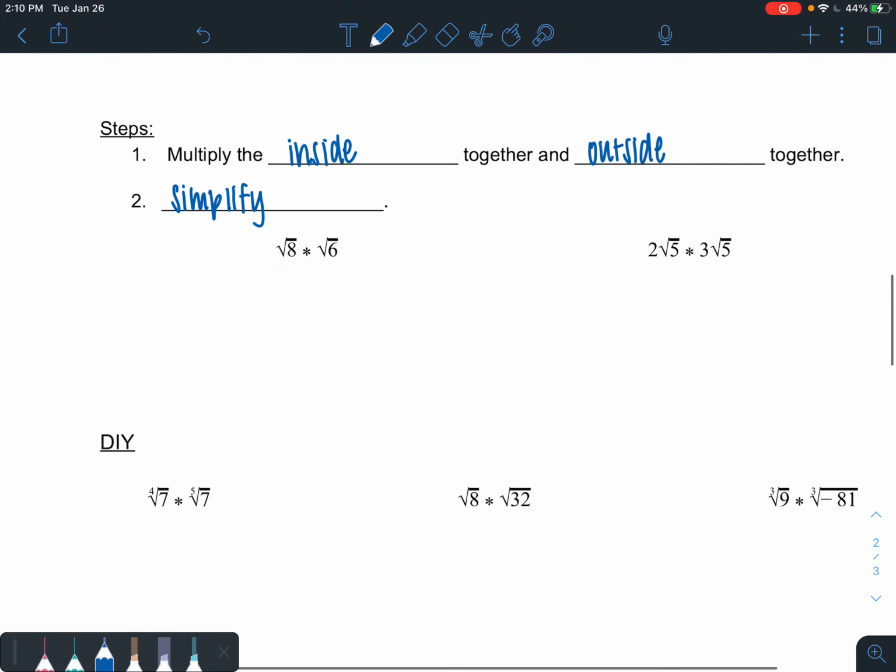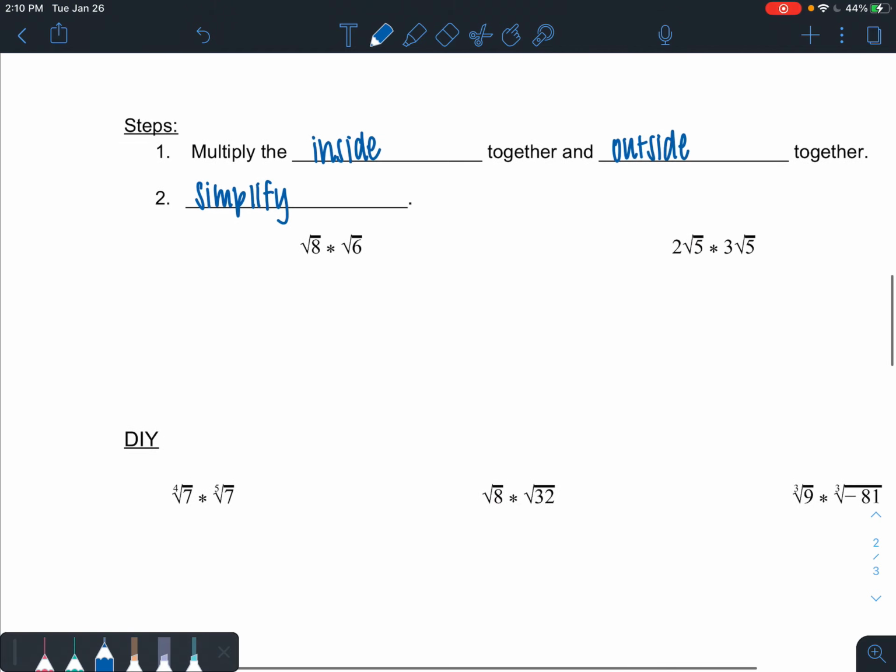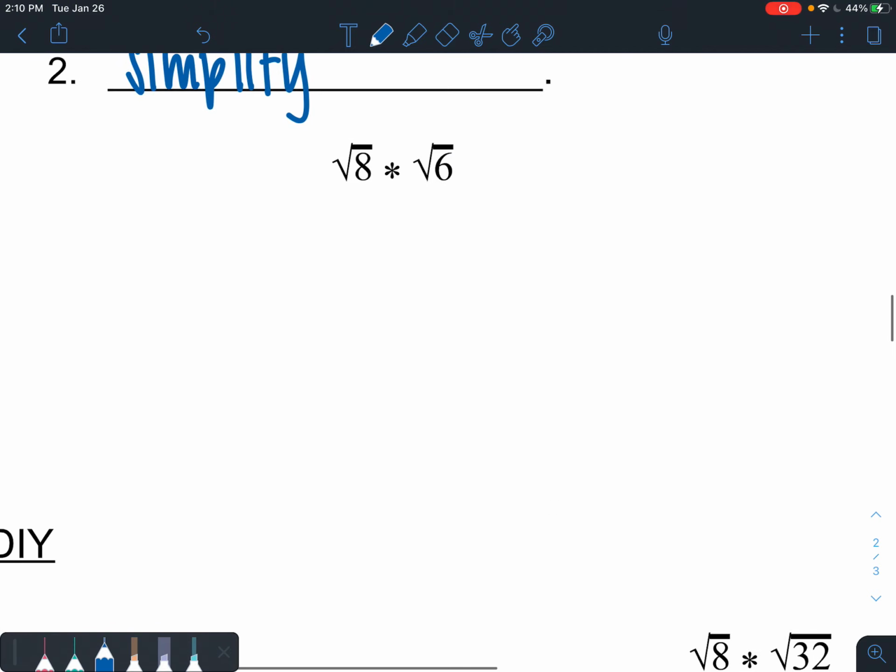So here are the steps. We're going to multiply the inside and the outside together, and then from there we're going to simplify. So in these beginning problems, we just left them, but we can simplify these further. So I've got 8 times the square root of 8 times 6, so this is the same thing as the square root of 48.